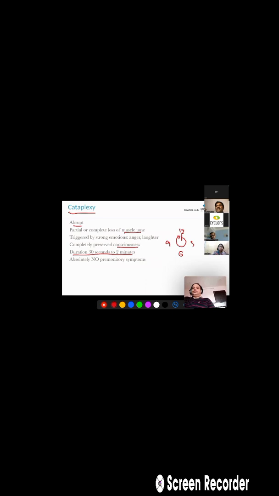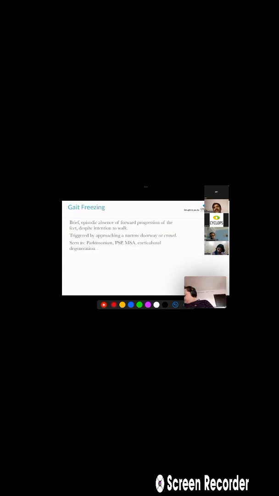This 2 minutes is an upper range, but most of the time in less than 1 minute the person has completely recovered in cases of cataplexy. And in cataplexy, there are absolutely no premonitory symptoms, unlike in syncopes, unlike in seizures, where there can be premonitory symptoms. The other non-vestibular symptom that we should note is something called gait freezing.